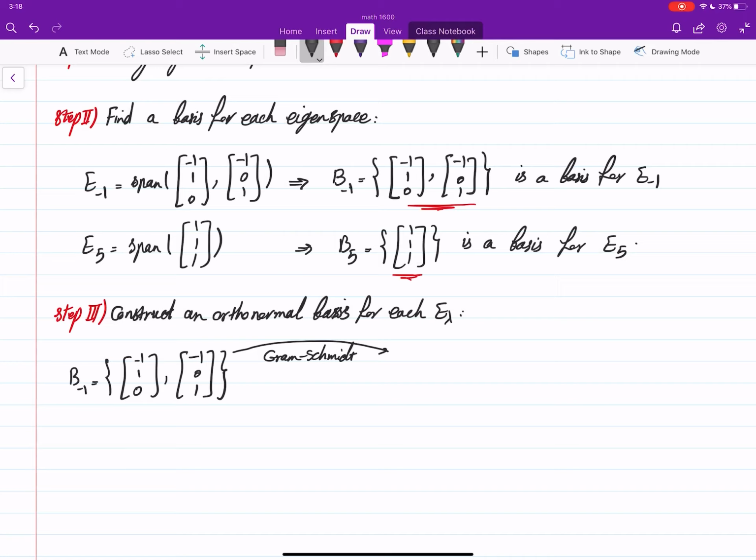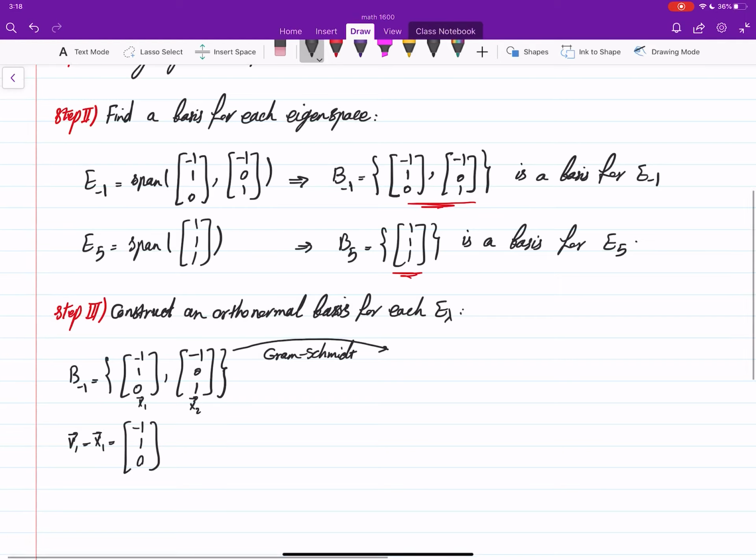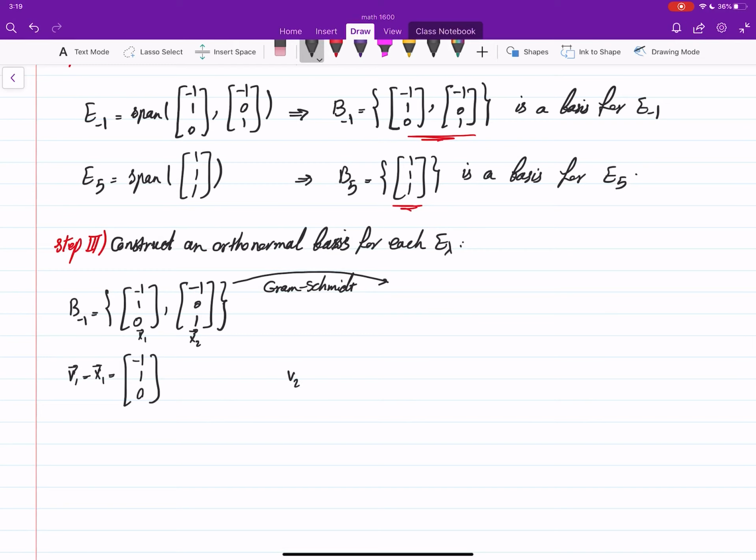If this is x1 and this is x2, v1 is going to be x1, which is (-1, 1, 0), and v2 is going to be x2 minus the projection of x2 on v1.